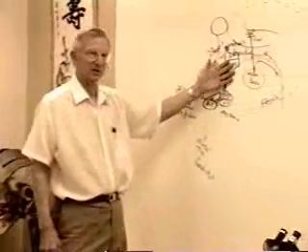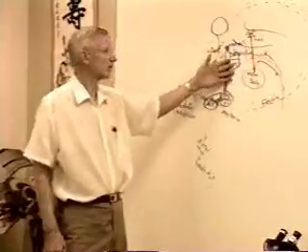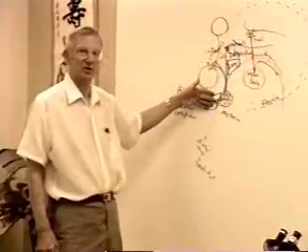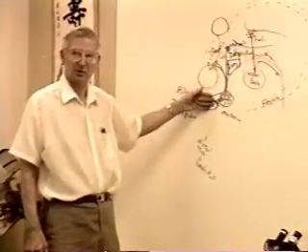We have capillaries in hypothalamus, larger veins to anterior pituitary, and capillaries in anterior pituitary.